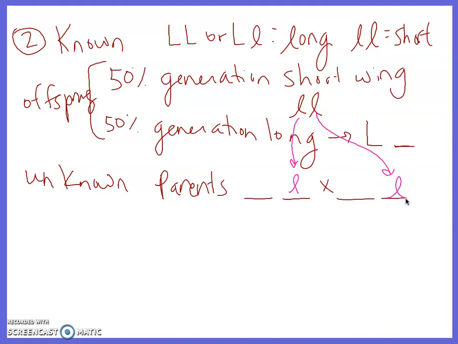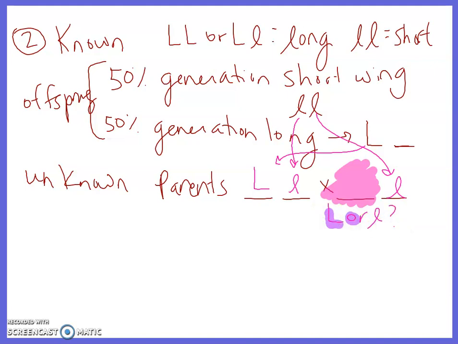One of the parents at least has to have an uppercase L, or a dominant allele, in order for this to work. So the question is, is the blank space right here going to be capital L or lowercase l?